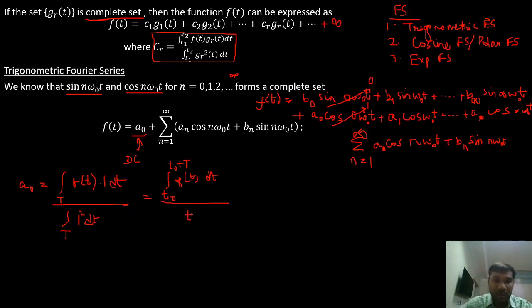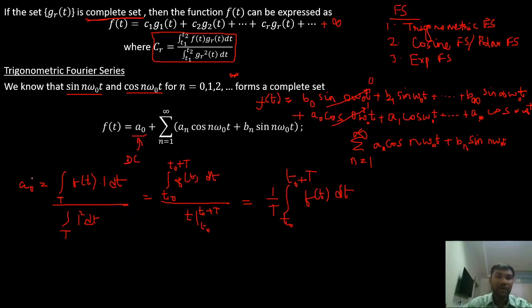I have the integral of 1 dt from t naught to t naught plus T. If I simplify this, my denominator will be equal to T. So 1 by T integral t naught to t naught plus T f of t dt.